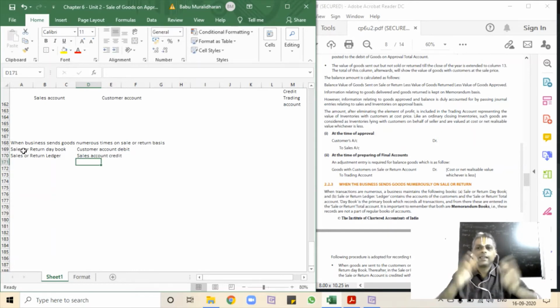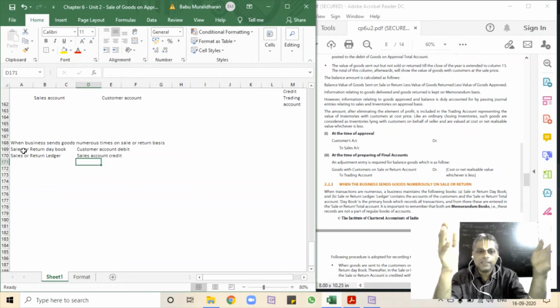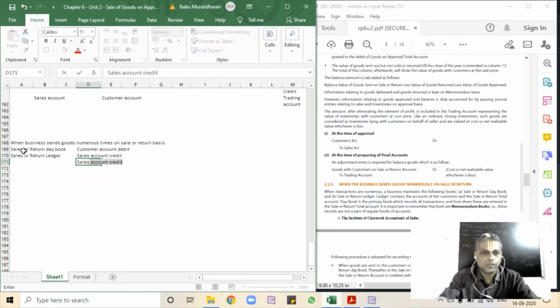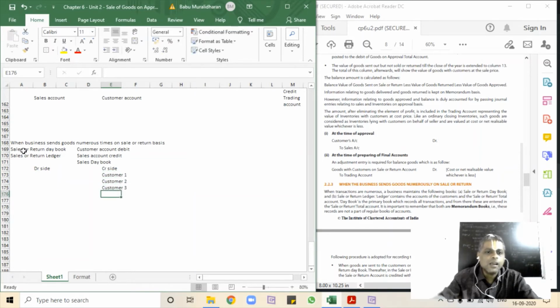So let's start a sales daybook here. This is debit side, and this is credit side. So in the sales daybook, customer 1, customer 2, customer 3, the data will be maintained when the goods are sent on sale of goods on return basis.